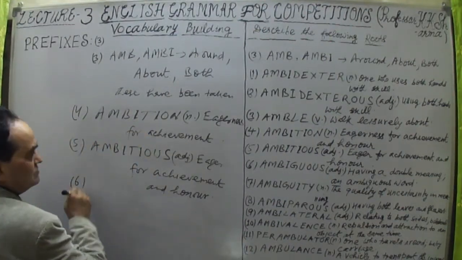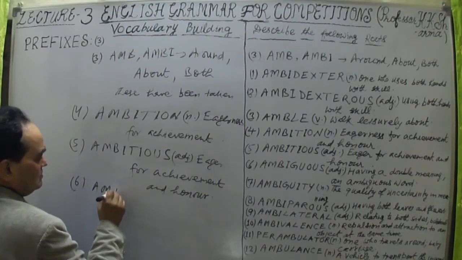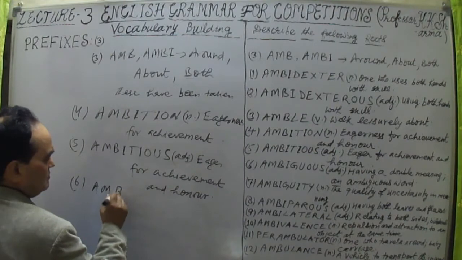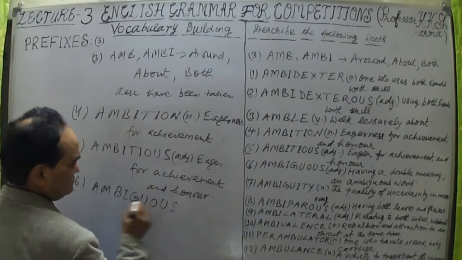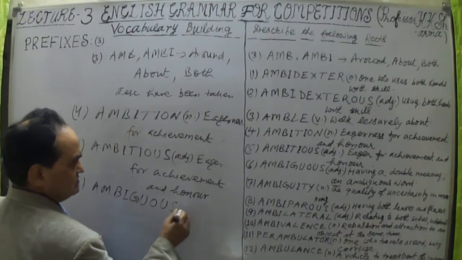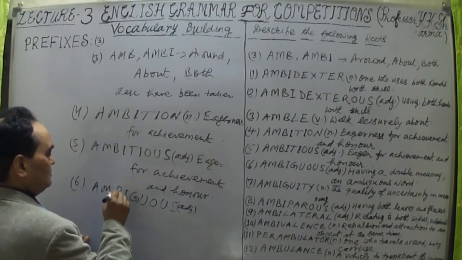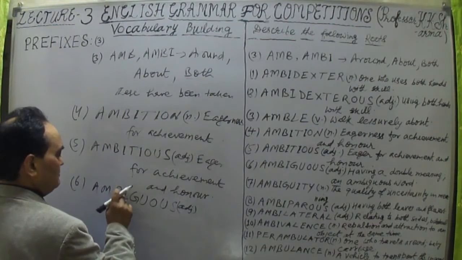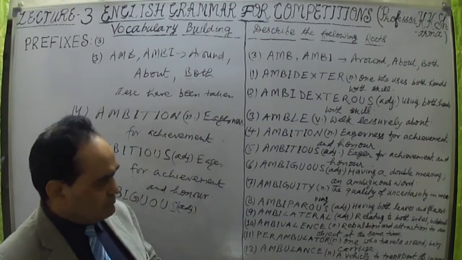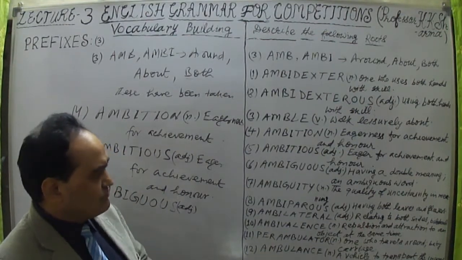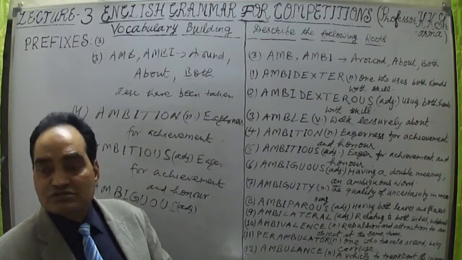Now sixth word, let me talk about ambiguous. A-M-B-I-G-U-O-U-S, ambiguous. Adjective again. Ambiguity. Here, ambi means both and guity means pertaining to language. When we are confused with two meanings, or a double meaning, an ambiguous word.